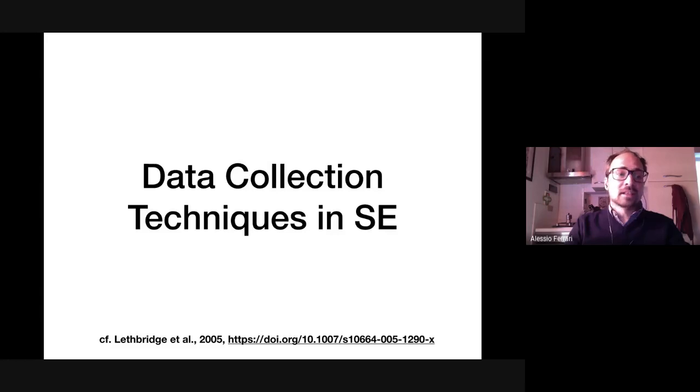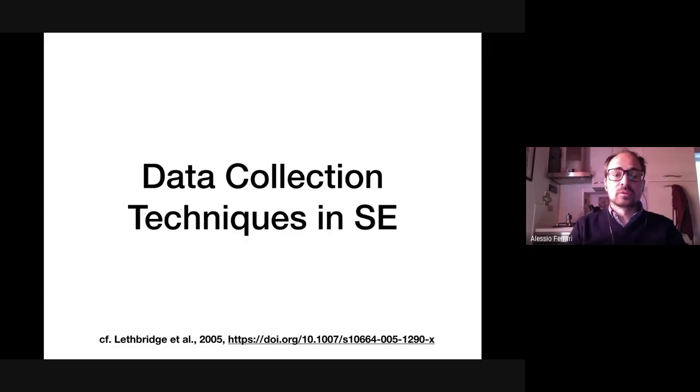We have seen the different types of data, and what you have to remember basically about the different types of data is just that you can have quantitative and qualitative data, and you can have different levels, let's say, of power of the measurement that you can make on this data.